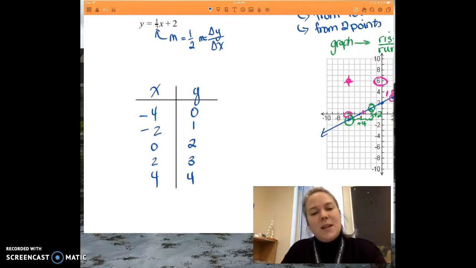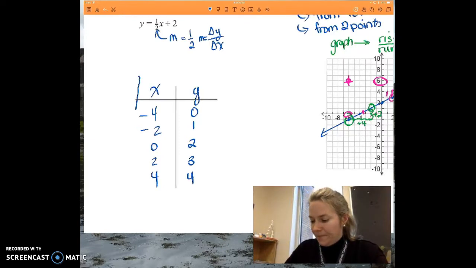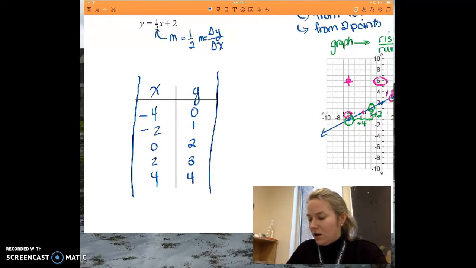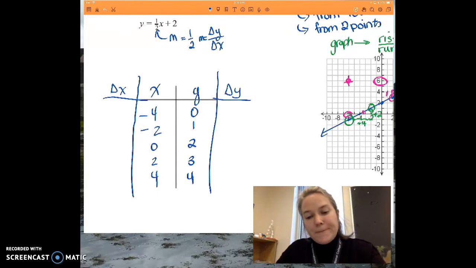So here is my table of values, and I want to find my slope. I have 2 different techniques that I can use. I can look at what we call the first differences. So I'm going to draw an extra column on either side, and that's going to be the change in x, and that's going to be the change in y.